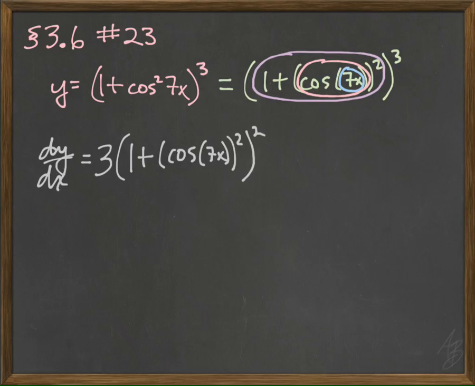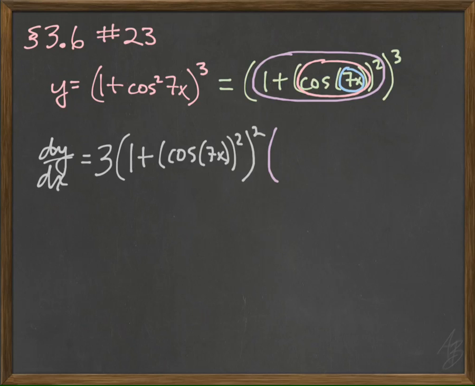Okay, so then in the purple circle, we have 1 plus something squared. So we're going to take the derivative of that. What's the derivative of 1? 0, right? So we're going to have 0 plus the derivative of cosine squared.